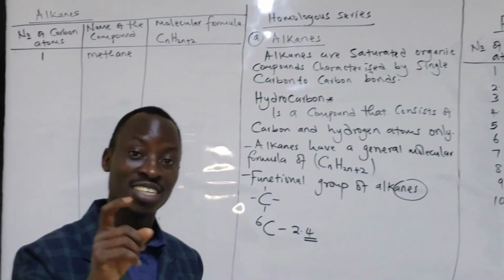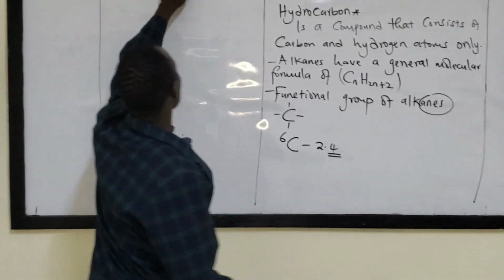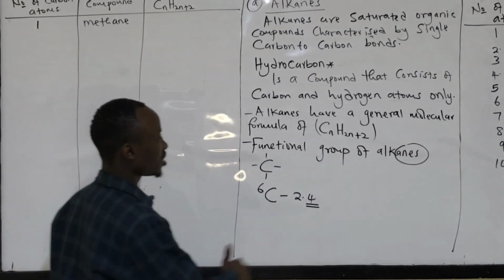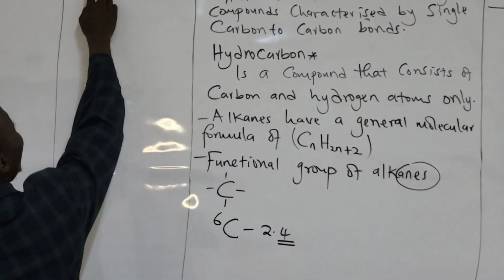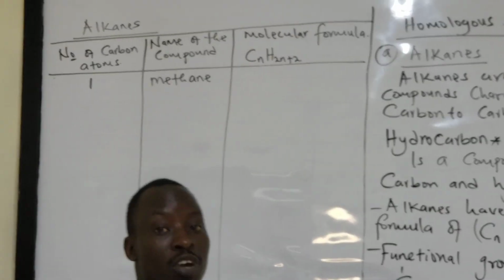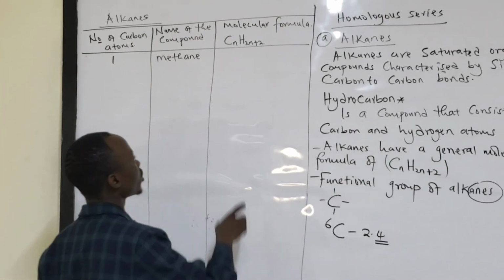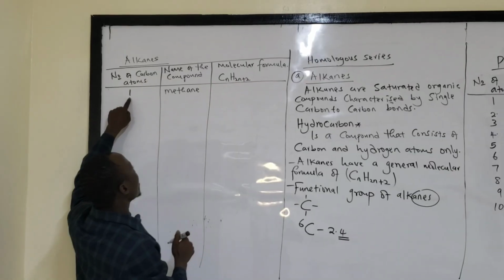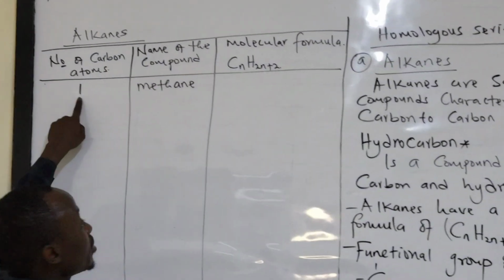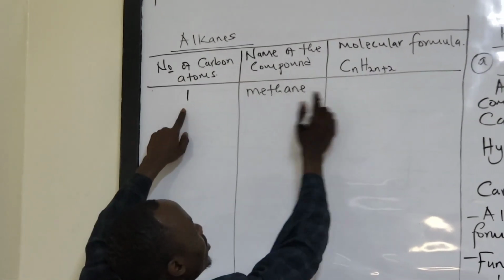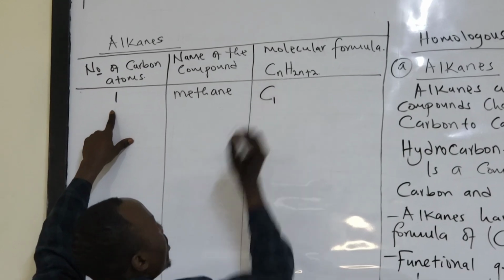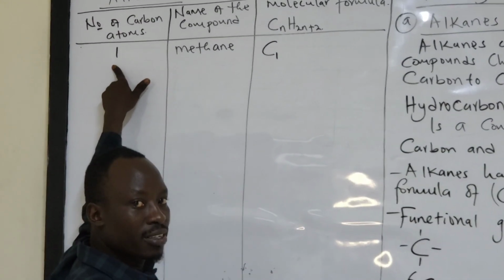Simple as this. We shall have n in this general molecular formula. n means the number of carbon atoms. So how many carbons do we have here? Must be 1, yes? So we shall say C1. Fine?